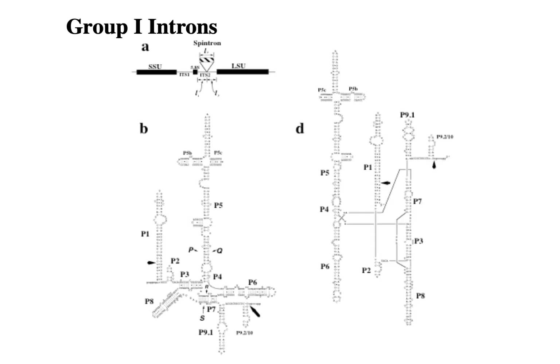Here is some of the secondary structure shown for group 1 introns. Often many of these are found in the ribosomal RNA locus of fungi and sharks and a whole bunch of different organisms. We've been working with these for several decades now.